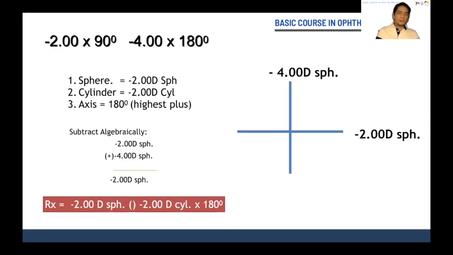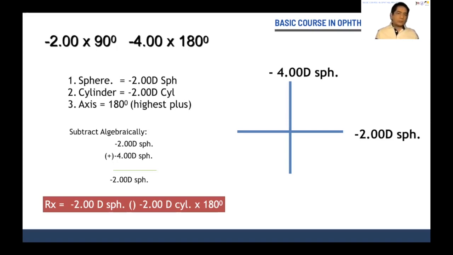All right. So in the second example, you have a minus 2 axis 90. When it says axis 90, the minus 2 is located not in the 90, but at the 180th meridian. So in the power cross, you write minus 2 over the horizontal line. And the second one is minus 4 axis 180.